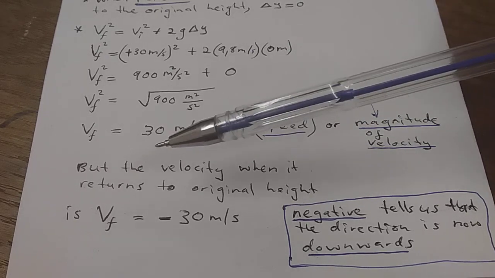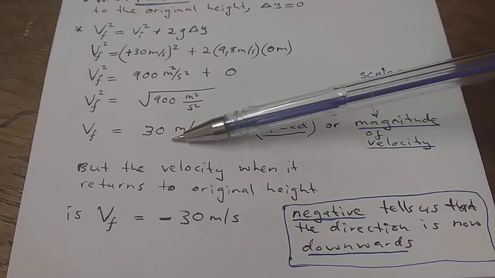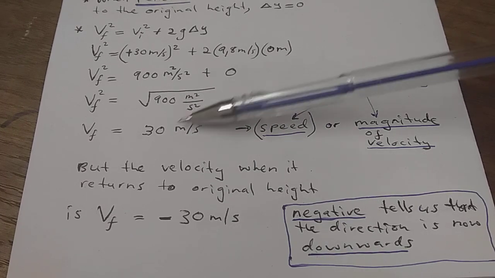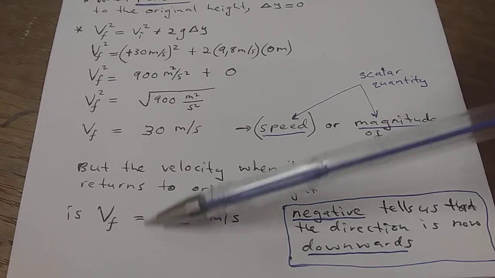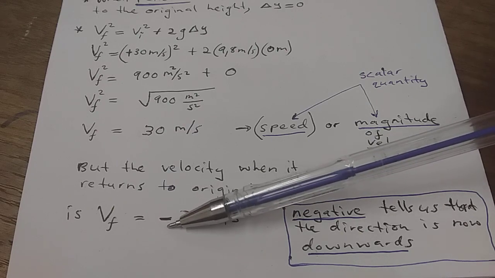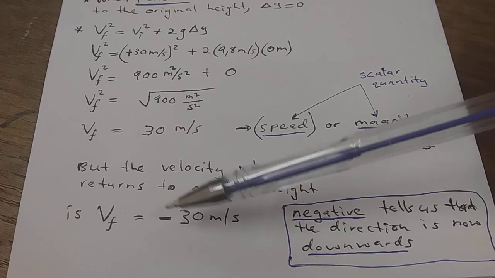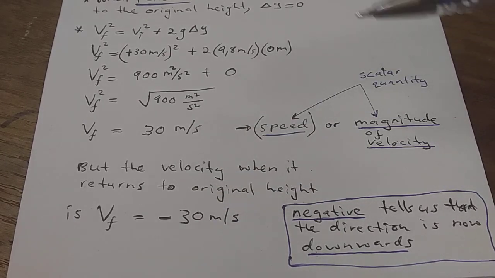So we want to know what the final velocity is when pellet A returns to the original height. The final velocity is equal to negative. It's just the direction, which is in the negative direction, downwards. So the final velocity is 30 meters per second downwards.